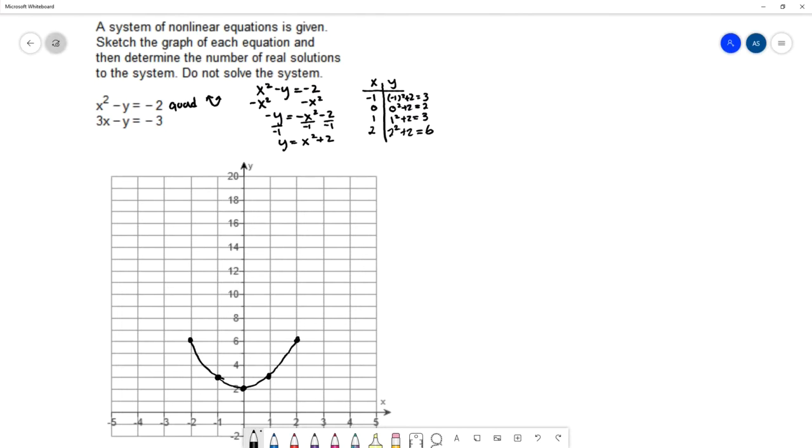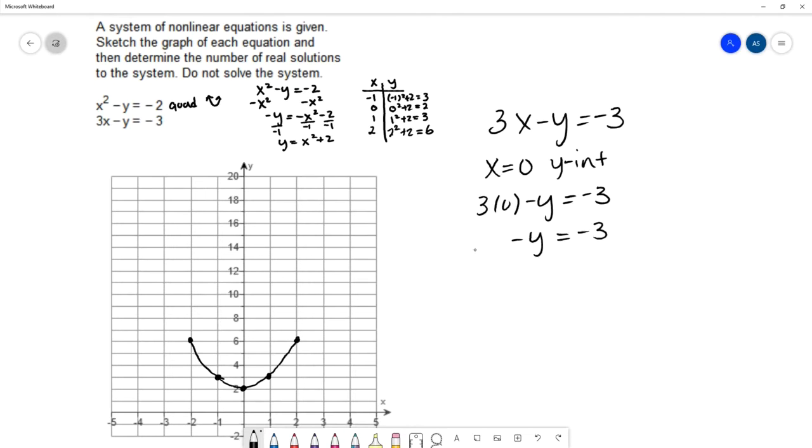So my other equation is 3x minus y equals -3. This is a linear equation, and a linear equation you can graph by having just 2 points on the line. So I can let x equal 0 to find the y-intercept. That's 3 times 0 minus y equals -3. -y equals -3.